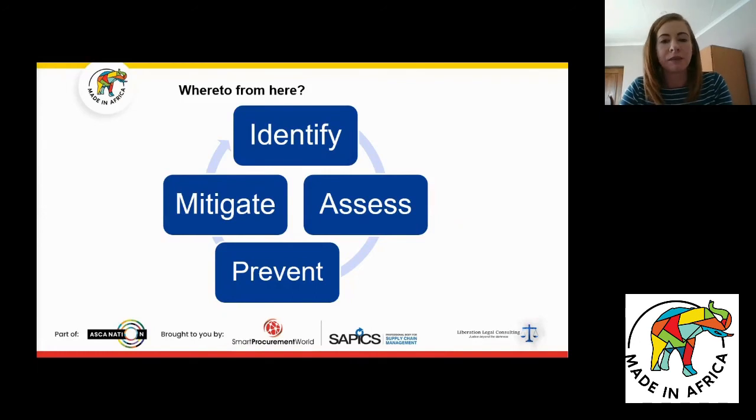It can be as simple as providing information sessions to your suppliers on what modern slavery is, and then having them sign service level agreements where they commit to responsible business practices, and then conducting audits on their businesses.